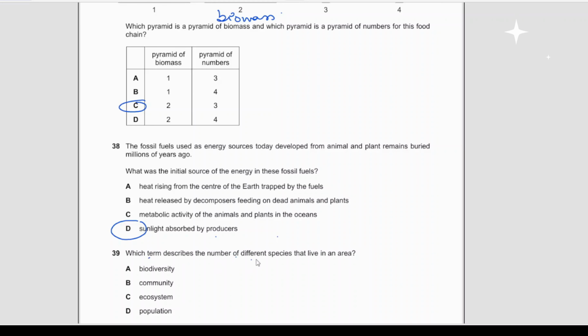Which term describes the number of different species living in an area? Okay, this is not ecosystem. An ecosystem is made up of both living and non-living.